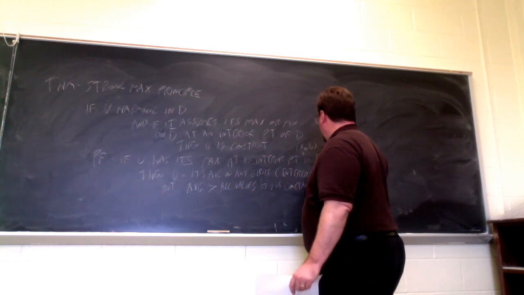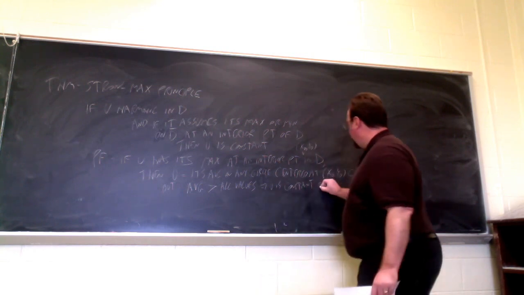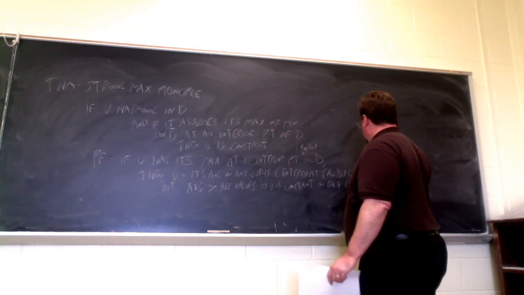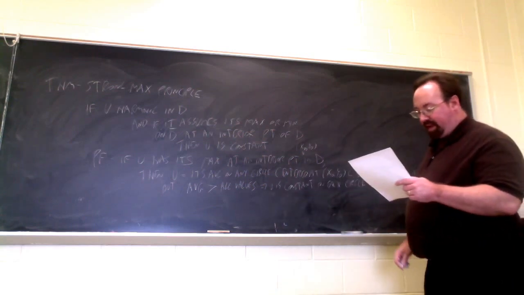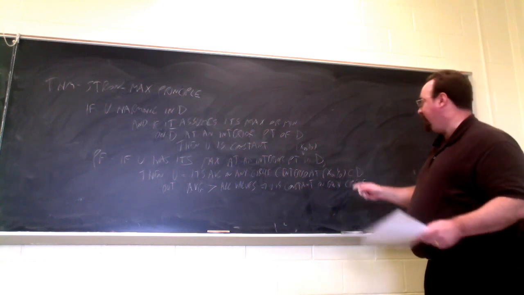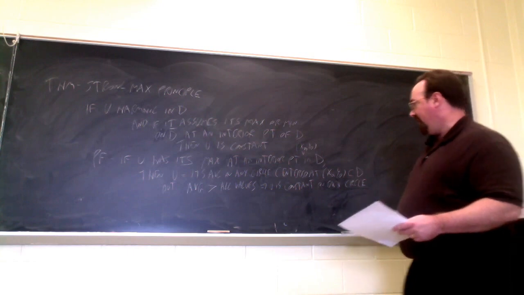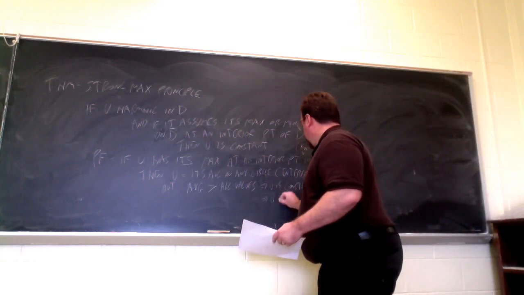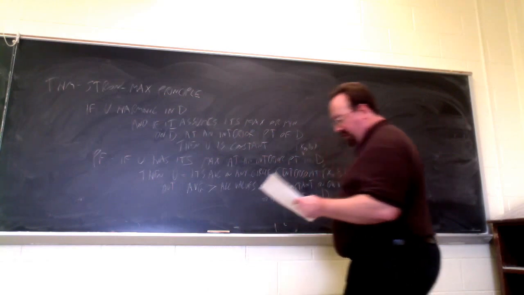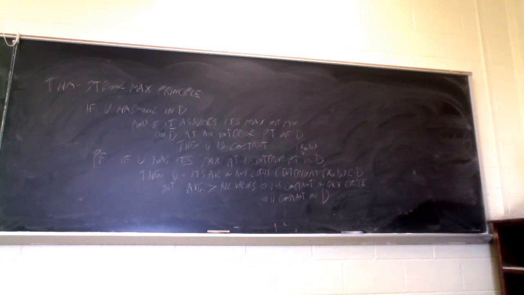The only way for this to happen is for u to be constant on each such circle. And because x naught, y naught is an arbitrary point, and because these circles are arbitrary, u has to be constant on the entire domain D.